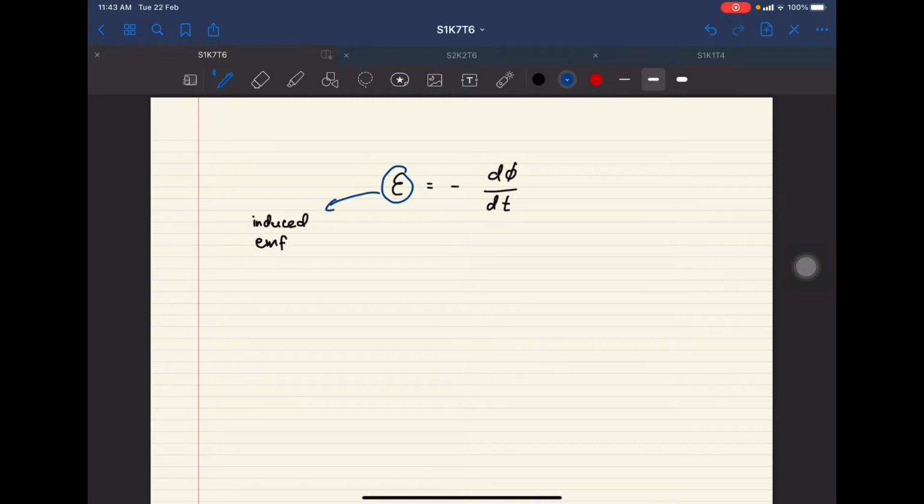Yesterday I showed you when I tried to move the magnets and what happens to the voltmeter. The voltmeter reading there represents the induced EMF, and the change in magnetic flux is represented by dphi over dt here. So this part is what we call Faraday's law.